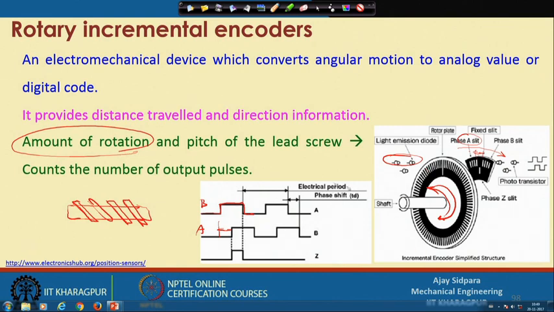We know the pitch, that if you rotate one shaft by 360 degrees, or one rotation, how much is the translation motion?